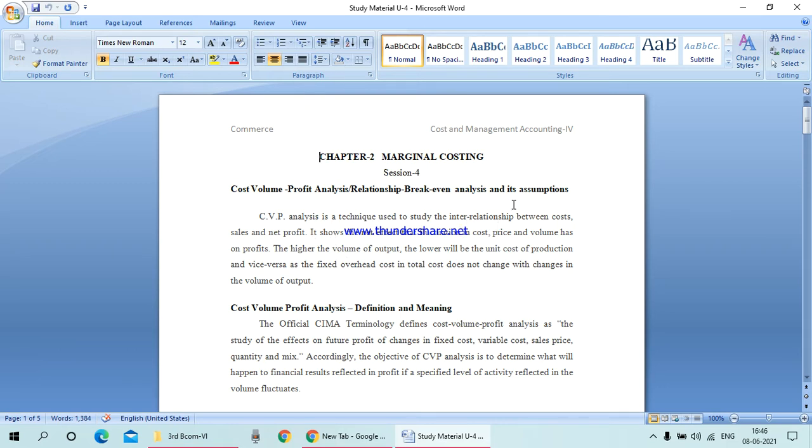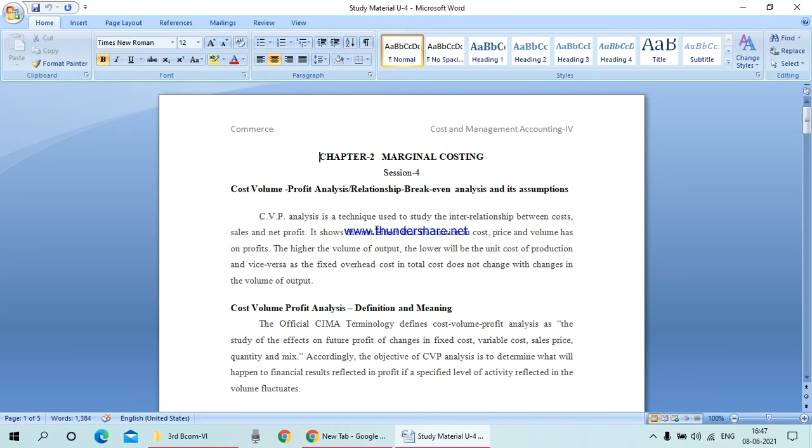So this is a technique used to study the relationship between cost, sales and net profit. It shows the net effect that fluctuations in cost, price and volume have on profits.